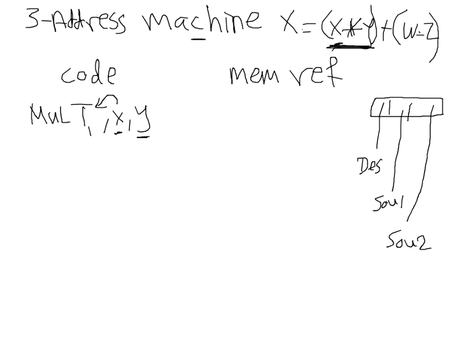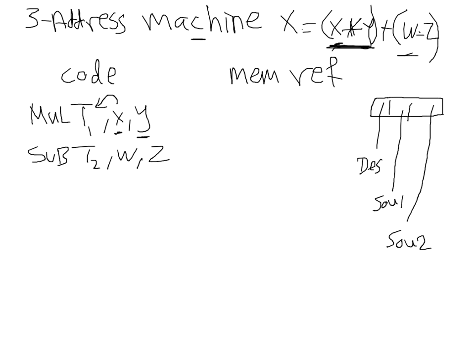Now, the second step, we subtract W and Z, and store the value inside T2. Oh, I forgot about the memory reference.